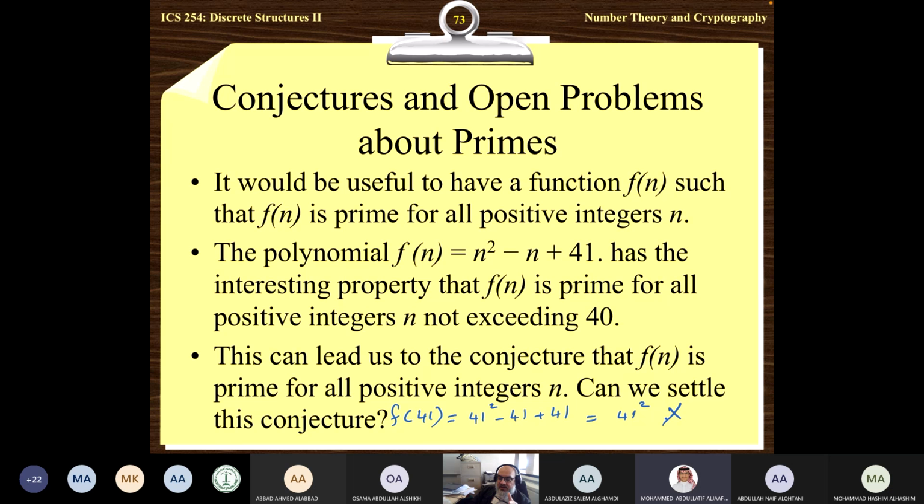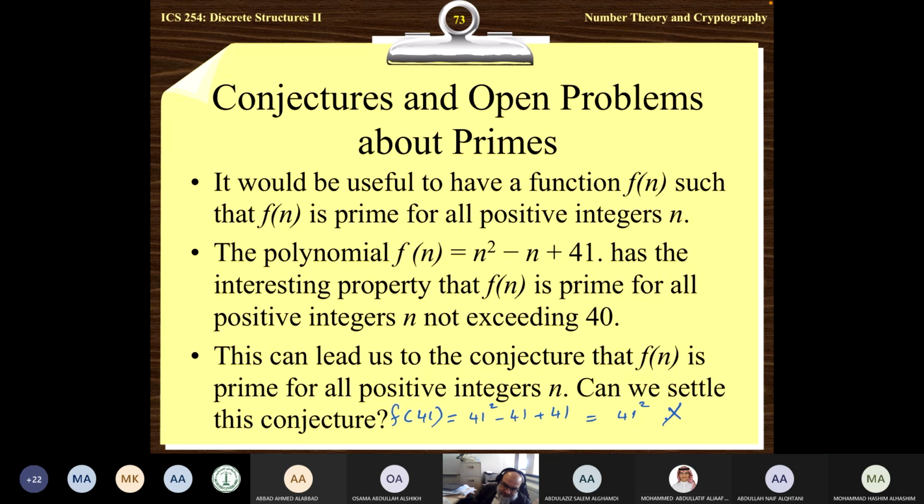Not exceeding, but we have now proved to you that 41 does not work. Yes, we have a counterexample now. So how can you tell me not exceeding 50? Not exceeding 50 would mean that f of 41 should give a prime number, right? Correct. But f of 41 did not give you a prime number. Okay, so f of 41 is not a prime number.